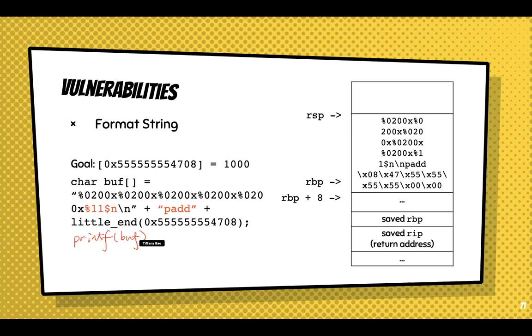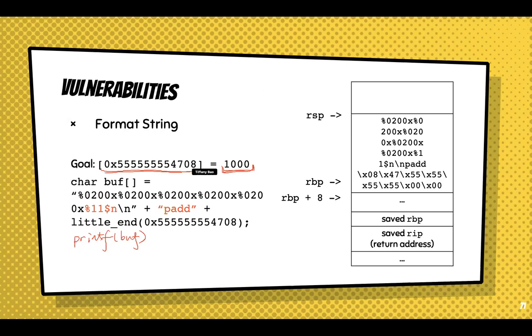So we want to come up with the buff string by ourselves. First of all, you need to make sure where you want to write and what value you want to write, okay? After that, I usually start with this first, because right now I know that I need to write 1,000 bytes before I specify the address of here, right?